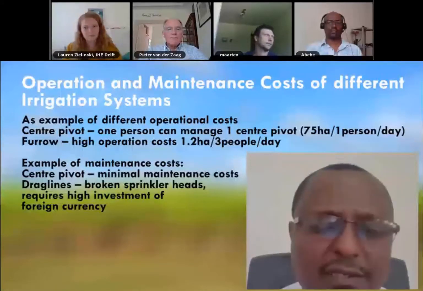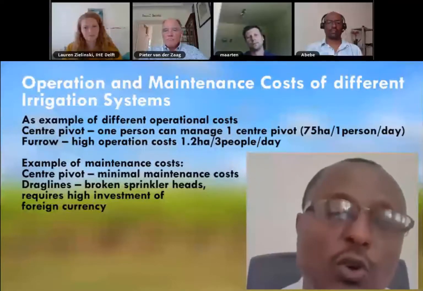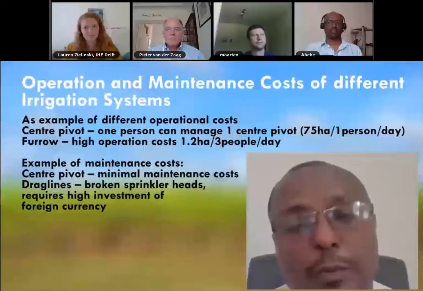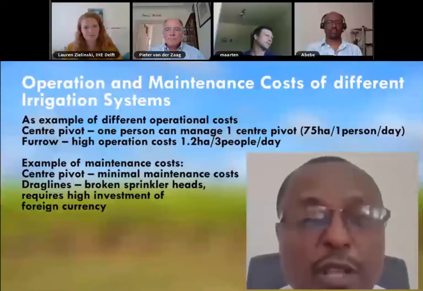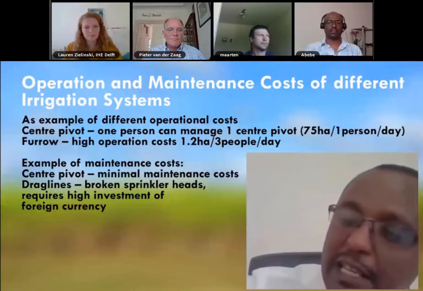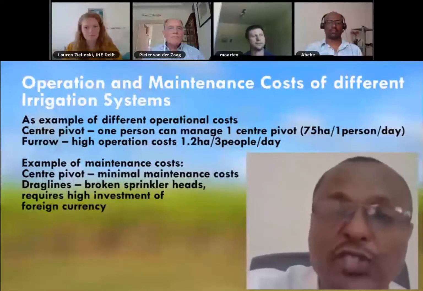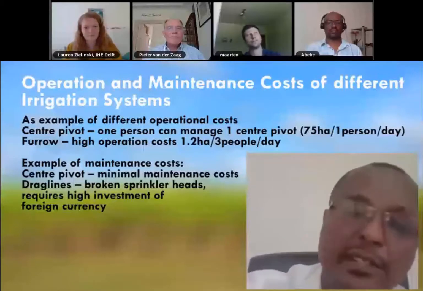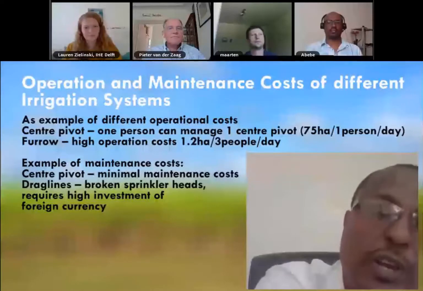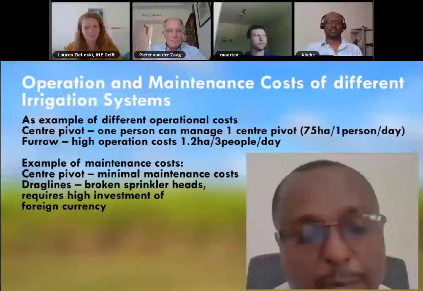It is very difficult to manage drag line sprinklers, and also we are investing much Ethiopian birr and foreign currency to purchase that infield material. So the center pivot operational and maintenance cost is lower than the drag line irrigation systems. Operational cost of FAO is very high compared to the drag line and the center pivot irrigation systems.